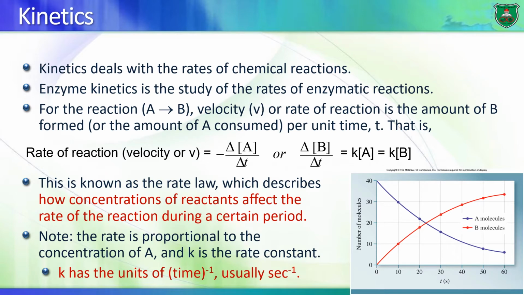So for any reaction A going to B, there is a velocity, or the rate of reaction, which is basically the rate of A disappearing per unit time, or the rate of appearance of B over a period of time.